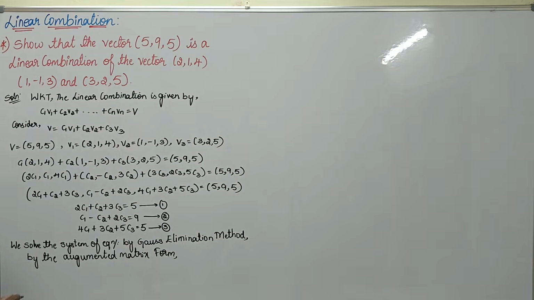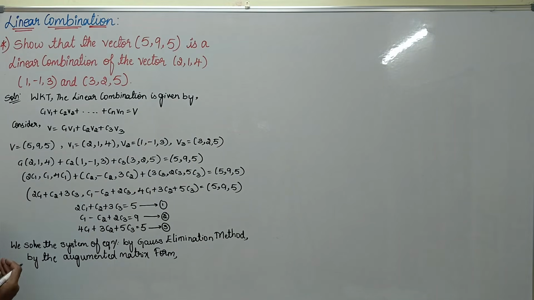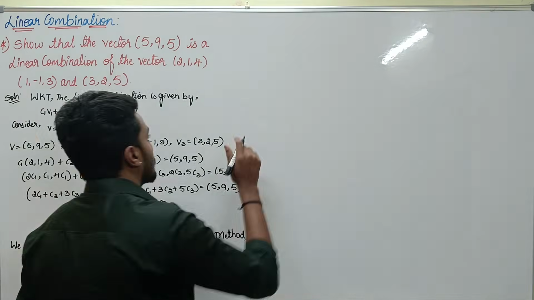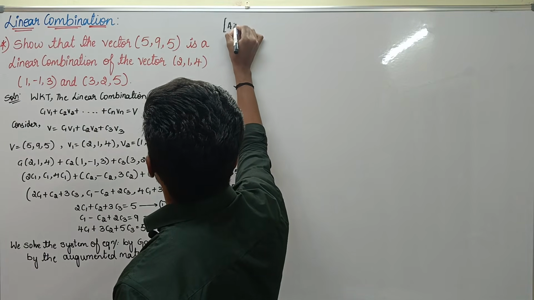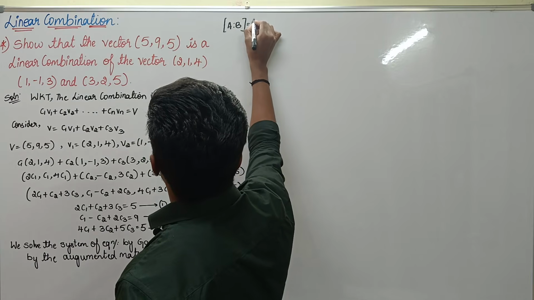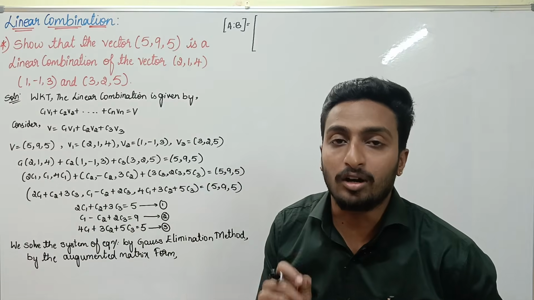Now let us represent this linear equation in augmented matrix form. We are just going to consider the coefficients of these linear equations. The augmented matrix is represented by A augmented with B, where A represents the coefficients and B represents the constants.